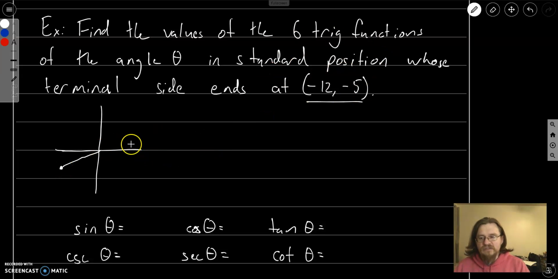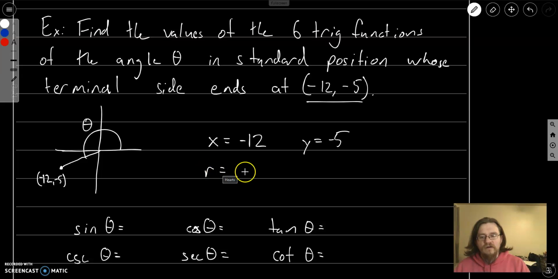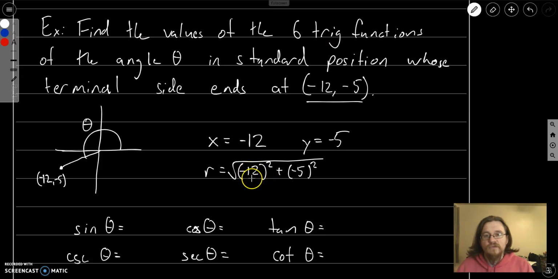Since this is in standard position, we're starting from the x-axis and going all the way over. So this is the angle that we're looking at. Again, our point is (-12, -5). And we also need to know r, this distance. So x is going to be -12, y is going to be -5, and r will be the square root of x squared plus y squared. (-12) squared is 144. (-5) squared is going to be 25.